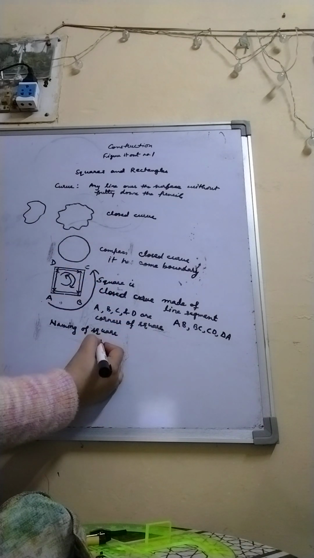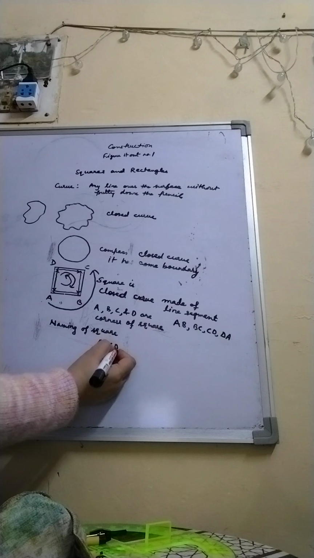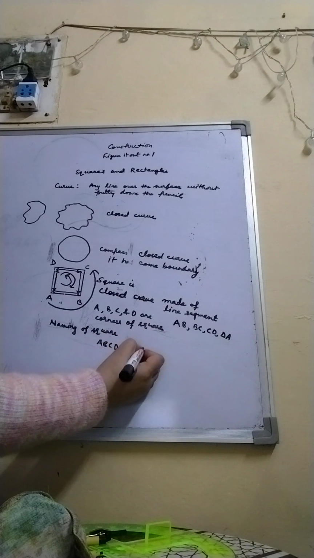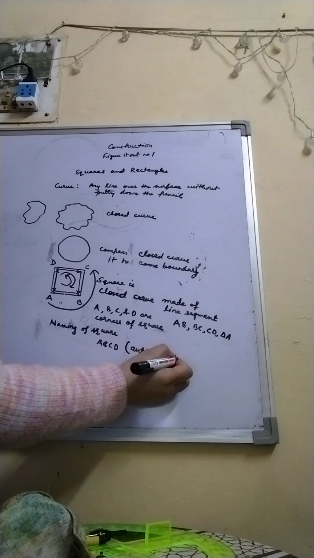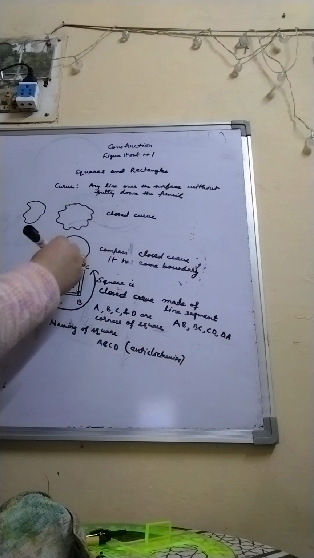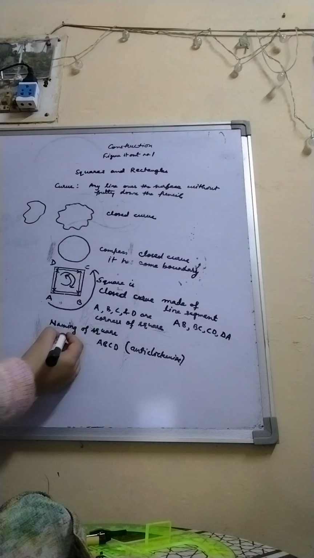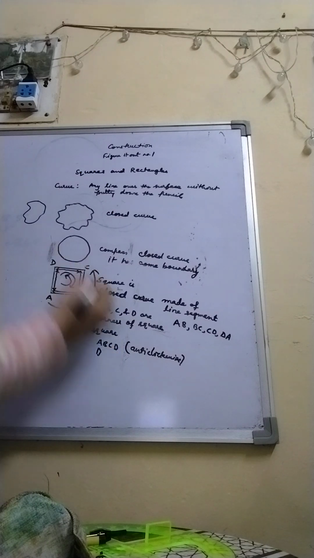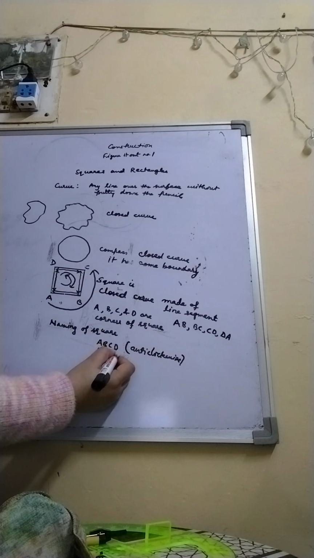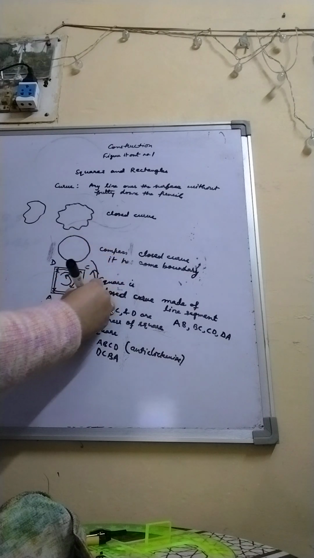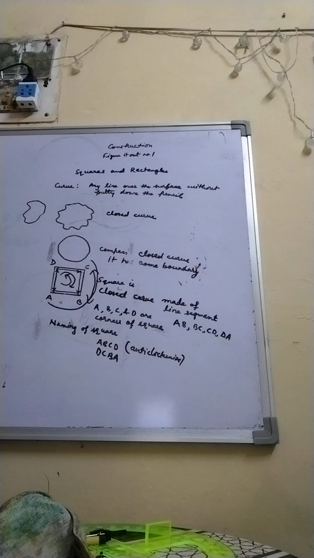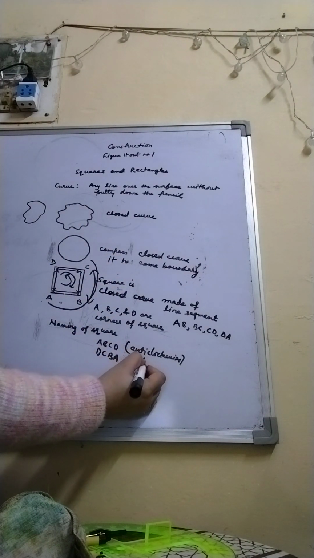So the naming would be A, B, C, D. This is anti-clockwise. Then what is clockwise? You can write D, C, B, A. If you go clockwise, it would be like this. So D, C, B, A. This is clockwise.